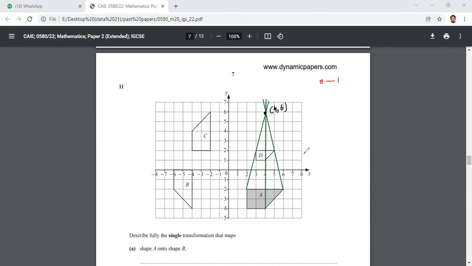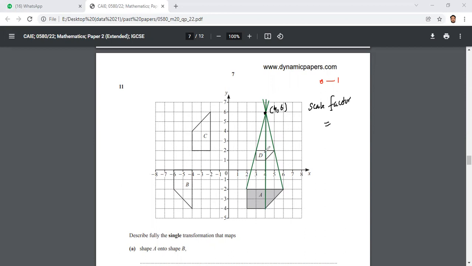And now how to find the scale factor? The scale factor is basically the ratio of the distance from center to image divided by center to object. But there is one more way, and we will check it both ways.